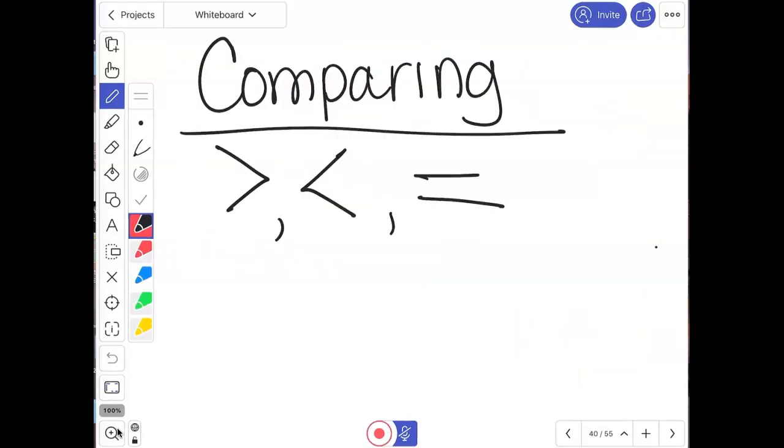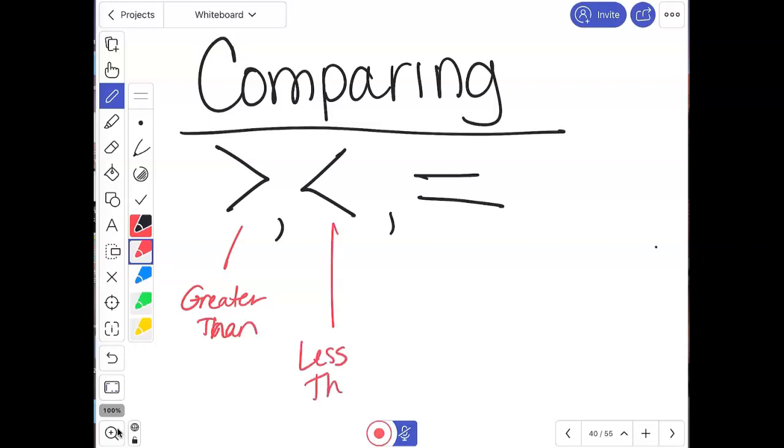We've compared numbers before. This isn't new to us. We've compared using these symbols, which mean greater than, less than, and equal to. We've done this.